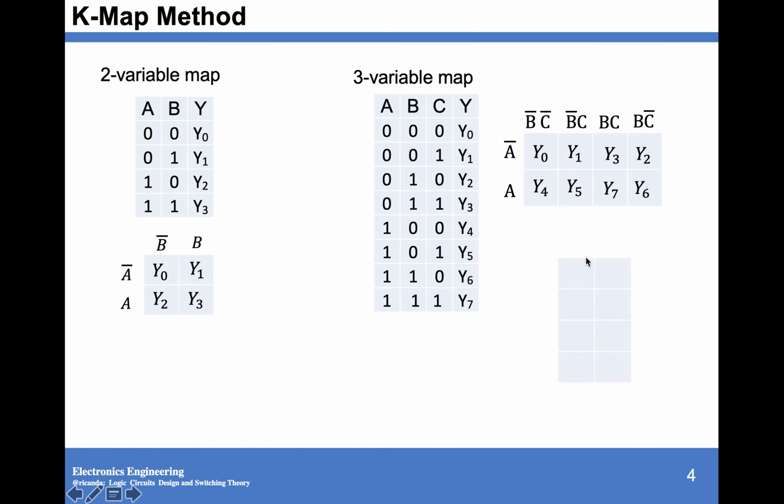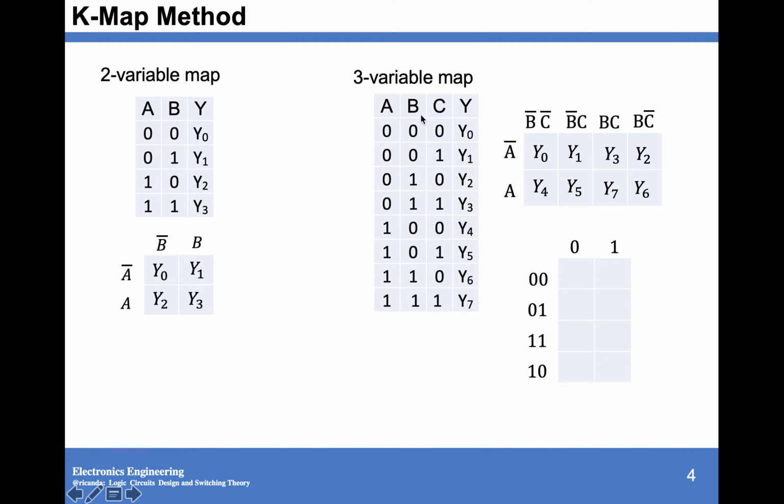The other way to draw your map is to have four rows and two columns. So we have this pattern 00, 01, 11, 10, with 11 in the third row. The upper side has 0 and 1. Since the side has four rows, it means you have two variables.